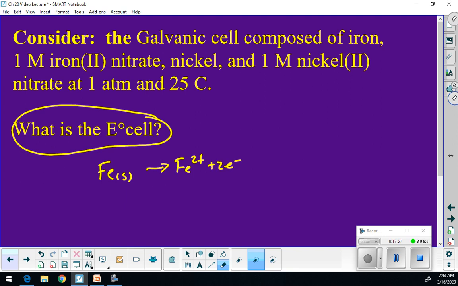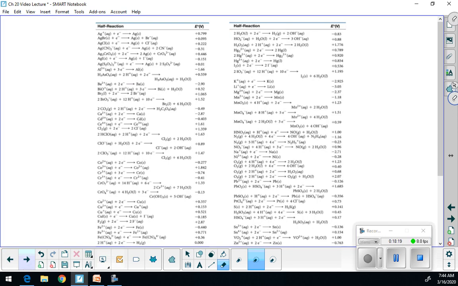And we said my nickel 2 plus was going to gain 2 electrons and go to nickel. And so now we need to find their standard reductions, right? Now remember, although this is written as an oxidation, I'm still going to look up its reduction potential. So let's find iron 2 going to iron and nickel 2 going to nickel.